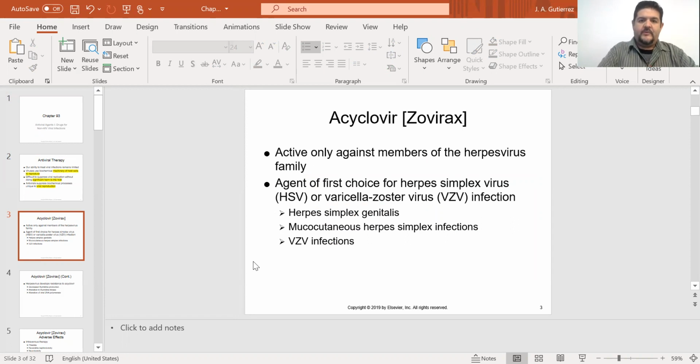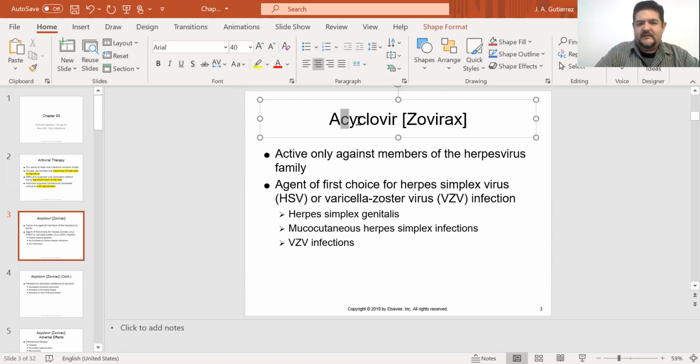Those are the most common diseases caused by the family of herpes viridae, the herpes virus. The first drug we're going to be talking about is called acyclovir, Sovirax. In this family, we're going to see cyclovir as a common ending.